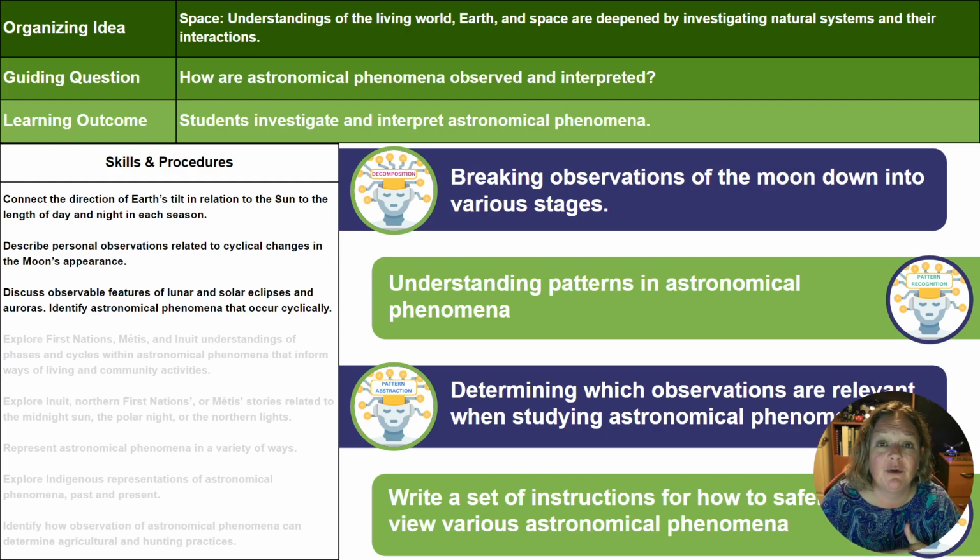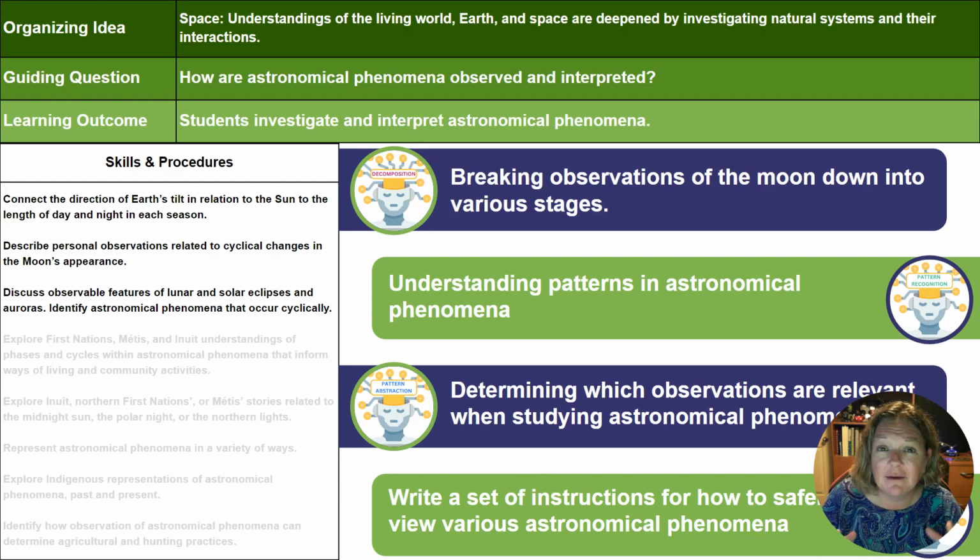And then we can always ask students to further the computational thinking to that algorithm design by simply asking them to write out sets of instructions. So for example, asking them to write sets of instructions for how to safely view objects in space and astronomical phenomena would be meeting computer science outcomes.